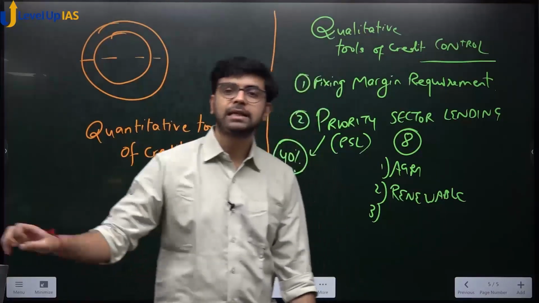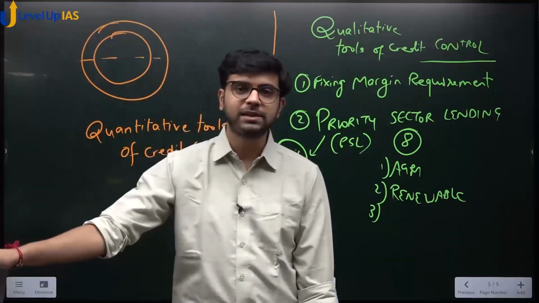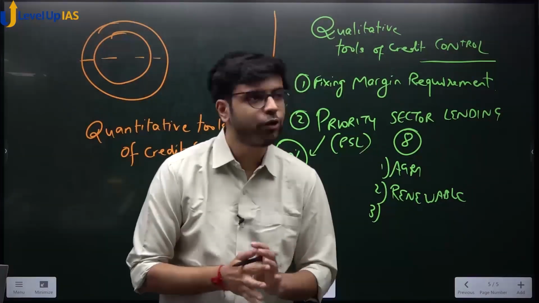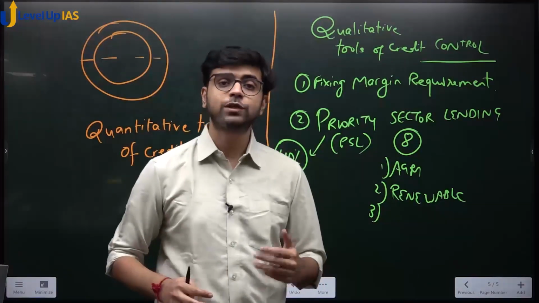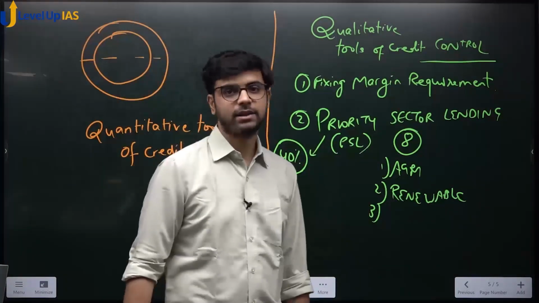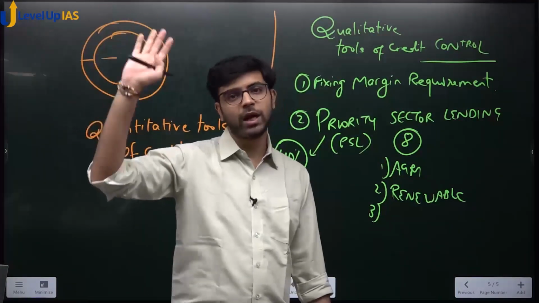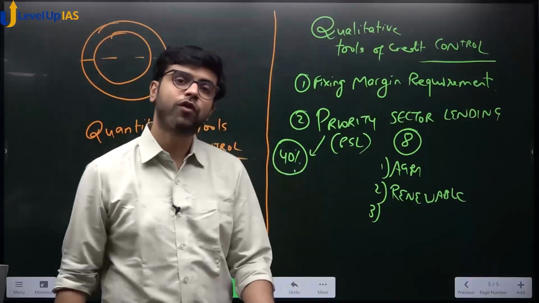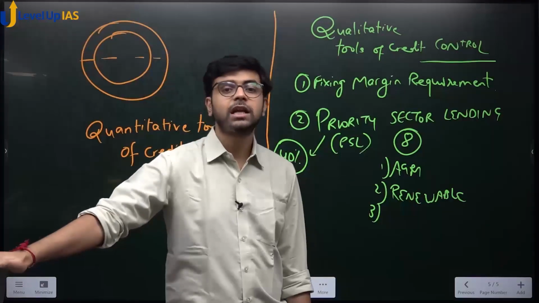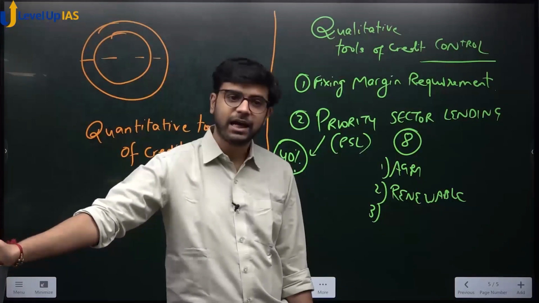So let's say the bank is getting 105 rupees as deposits. 5 rupees goes to CRR and SLR. It has 100 rupees remaining to give out as loans. Government says that 40% of that you have to give to priority sectors and the rest 60% you can give to anyone. But 40% of what are we talking about here? 100 rupees. What is that 100 rupees which is remaining after CRR SLR?